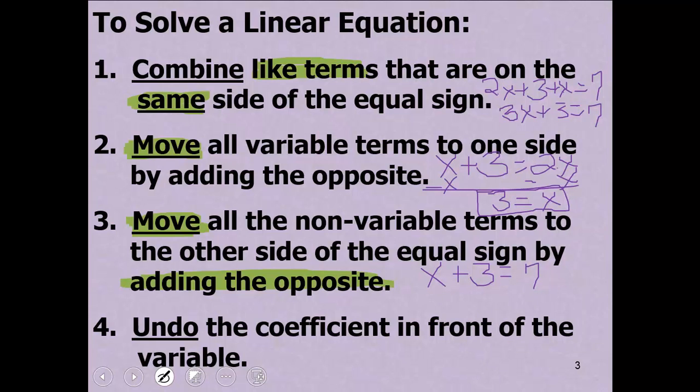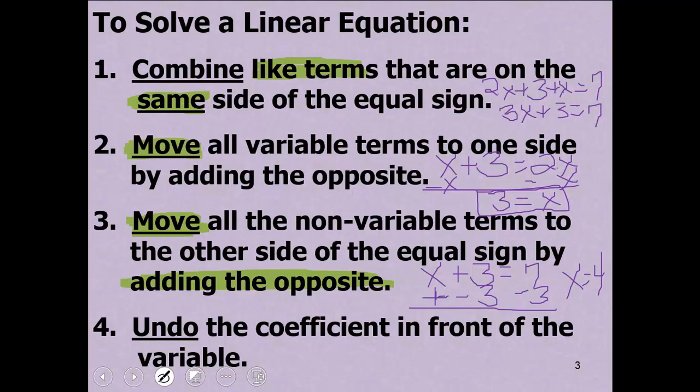In this case, I have a non-variable on the same side as my letter, so I want to move this one away by adding the opposite. So I'm going to add a negative 3. You might think of it as subtracting, but subtraction is nothing more than adding the opposite. So we would get x is equal to 4.